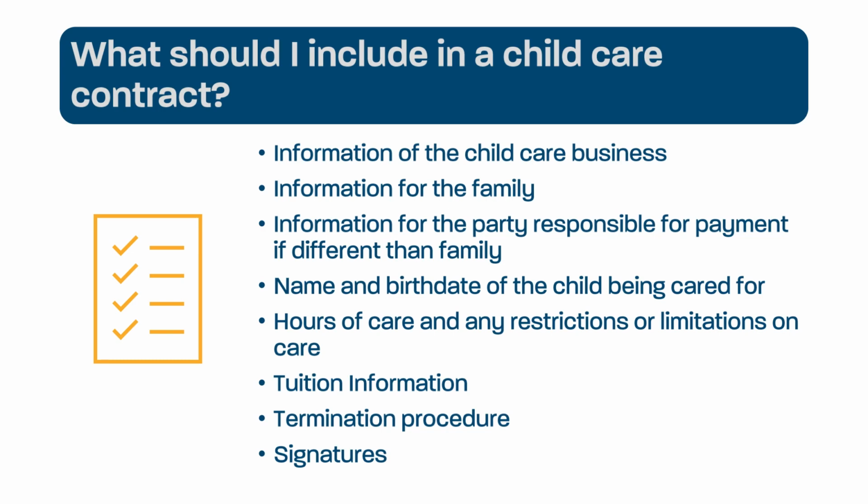However, all agreements should include basic information about the family, child or children, and childcare business, as well as an outline of the services provided and responsibilities of both parties, such as names and contact information of the childcare business, names and contact information for the family, names and contact information for the party responsible for payment, if different than family, name and birth date of the child being cared for, hours of care, and any restrictions or limitations on care, such as certain days of the week or maximum number of hours per day, names of any other fees charged, how they are incurred, and when due, like late payment fees or late pickup fees, tuition amounts, payment types accepted, and payment schedule, such as weekly or monthly, termination procedure, and signatures of family members and or party responsible for payment, and the childcare business.